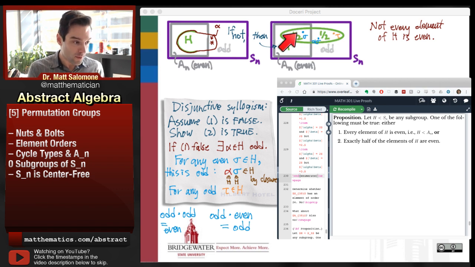Well, to turn something odd into something even, we just have to multiply by something odd, according to this principle down here, right? So if I multiply tau by something odd, it's going to become even. And what I want to multiply tau by is not alpha, but alpha inverse. Alpha inverse tau. Alpha inverse tau is going to be even.